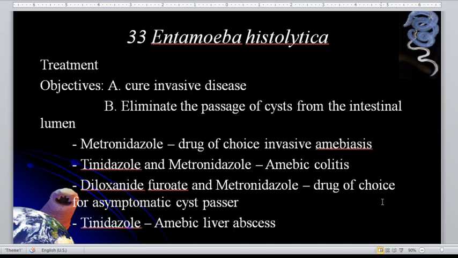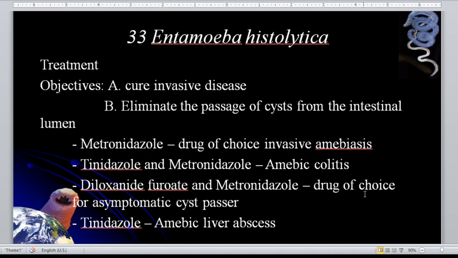Okay, next slide. Treatment. So there are two main objectives for the treatment of Entamoeba histolytica. First, that is to cure the invasive disease. And second, that is to eliminate the passage of cysts from the intestinal lumen. So those are the two main objectives of the treatment. So what is the consequence of the second?